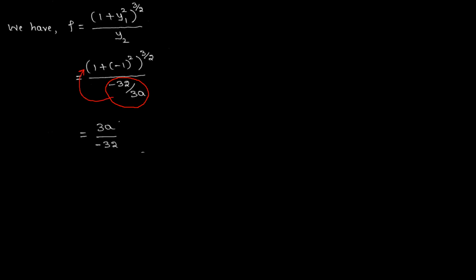This becomes 3a by minus 32, as we have taken the reciprocal. Now in the numerator, this minus 1 whole square will be plus 1, plus 1 will be plus 2, 1 plus 1 is 2.